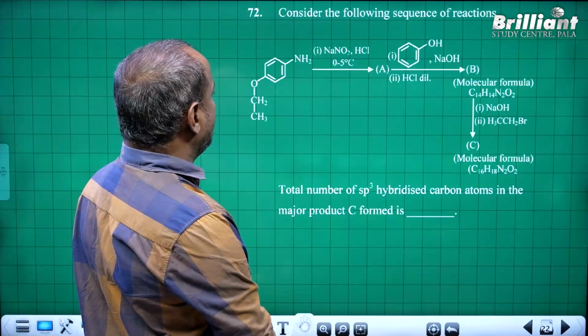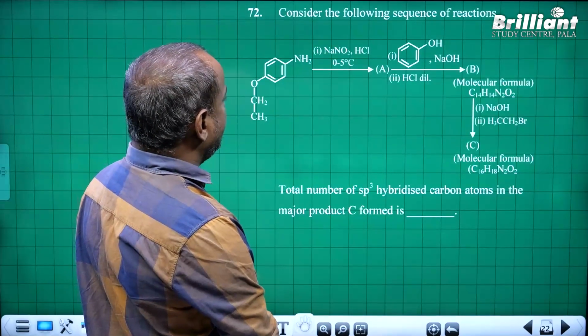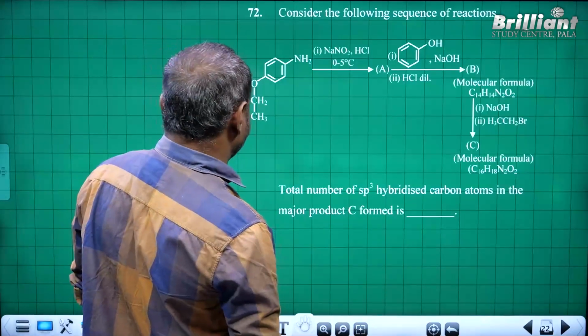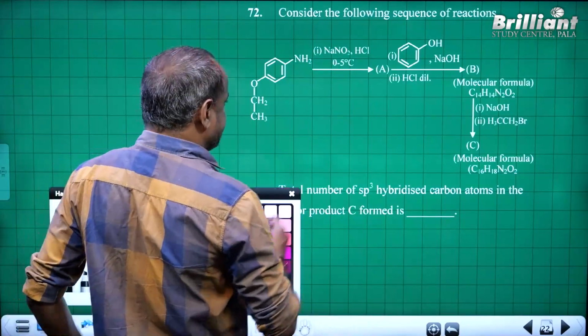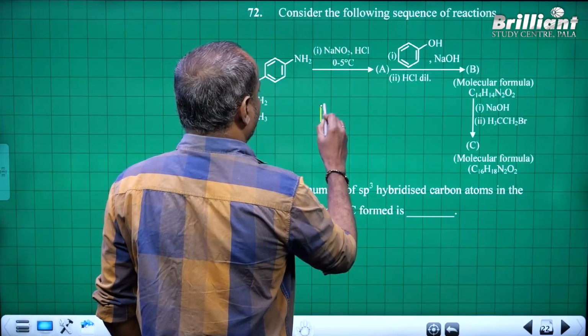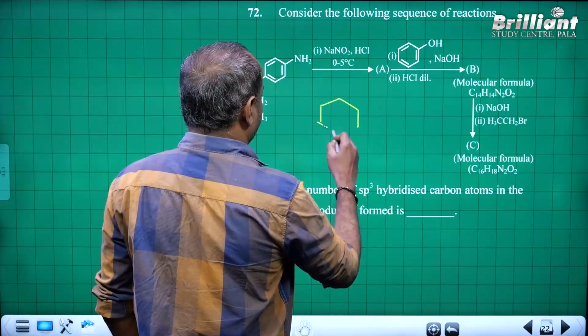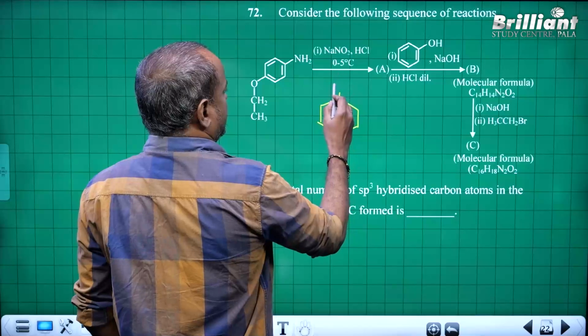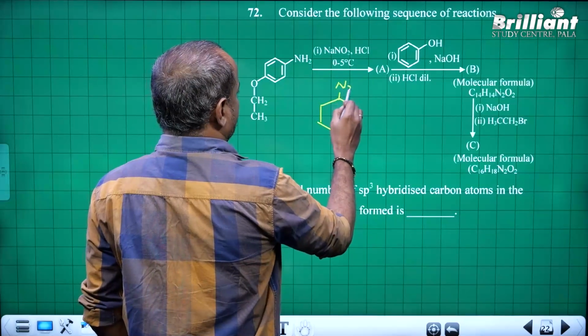Next one, look, sequence of organic reactions. First one is aniline, NaNO2 HCl. So, we know it is a diazotization reaction. So, A is equal to diazonium salt.